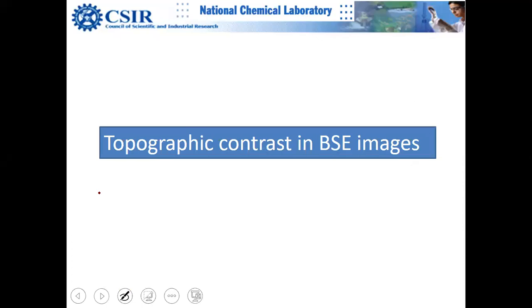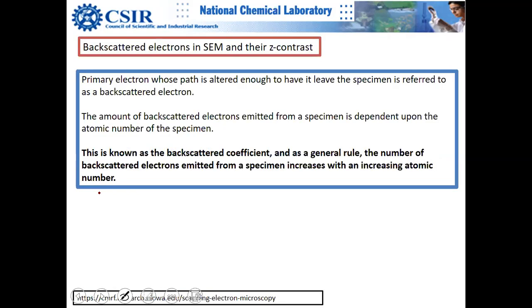Okay, so topographical contrast, that's a question which is routinely asked, and so I have included several slides on that. Normally, there is no topography contrast, and it is avoided in backscatter electrons, because you would like to primarily see the contrast, which, when I say contrast, is actually the intensity variation, right?